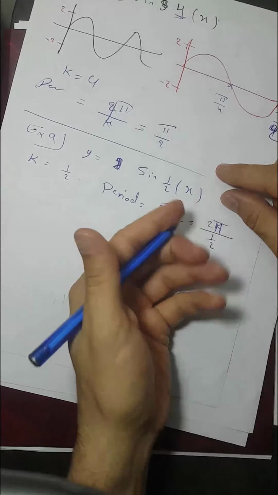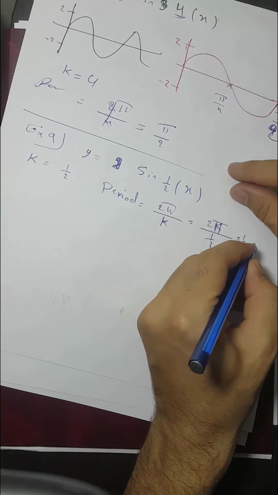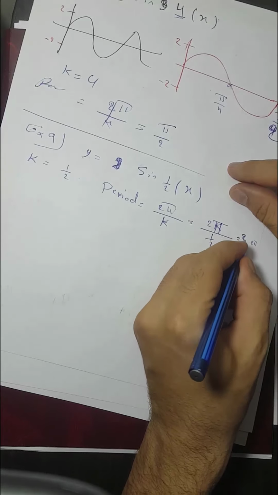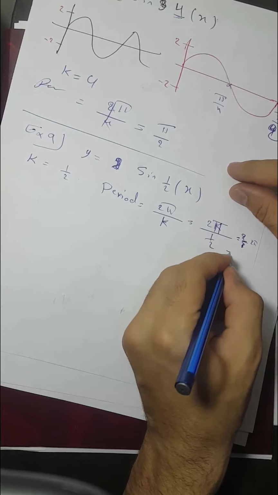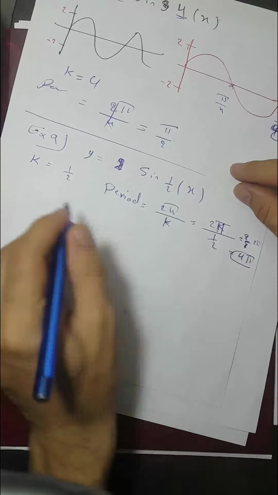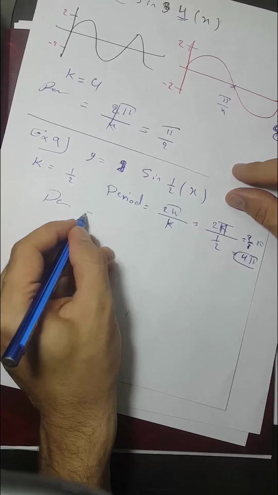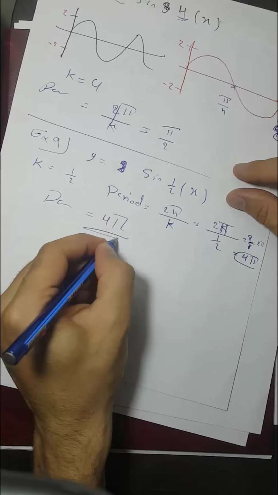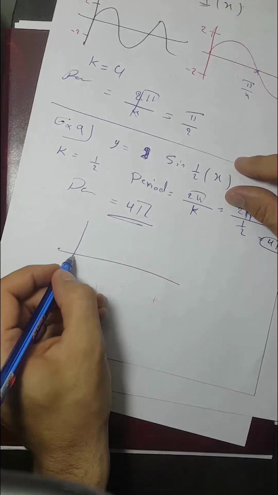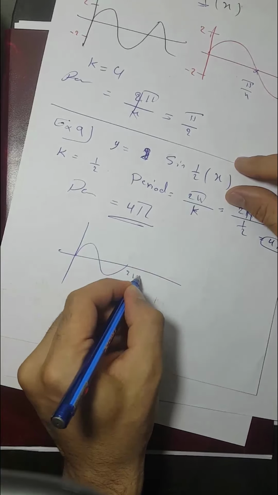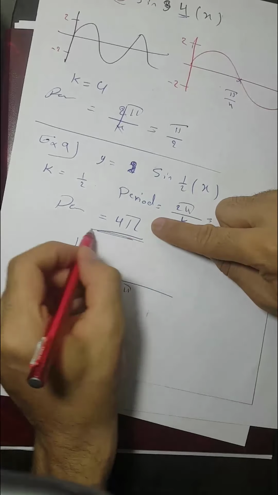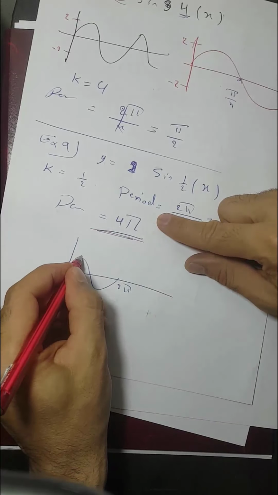This becomes 2 over 1 multiplied by 2 pi, which is 4 pi. So I got the period p equal to 4 pi. So how do we scale this example? We have this original one, 2 pi. For the period, for this one, I have what?